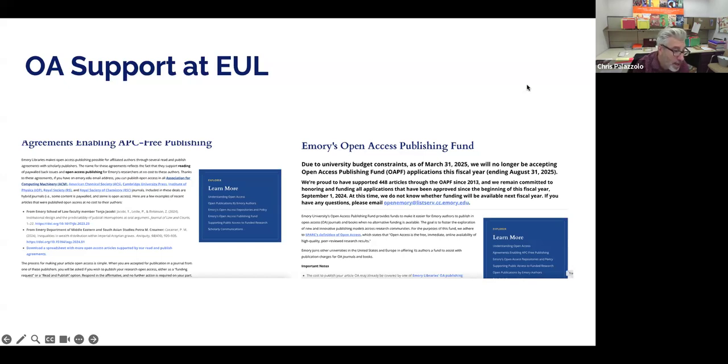You'll notice for right now that the open access publishing fund has a big banner on the top, meaning mostly that because of some budget constraints this year, which is probably not uncommon amongst viewers and attendees today, we are having to make a few changes. So we've actually not sunsetted the program, but put a hold on it for a little while.